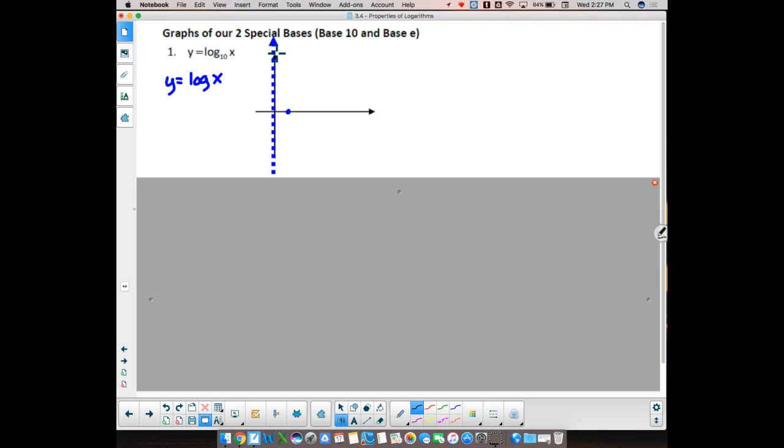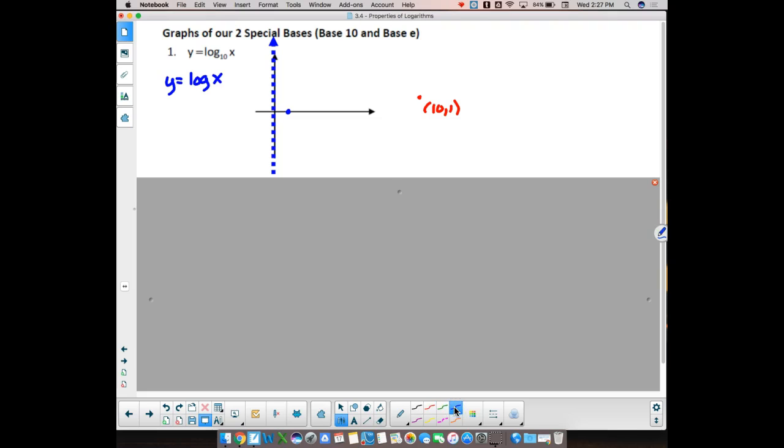It's also going to go through the point 10, 1. Because if I put 10 in for x here, log of 10, what exponent do I have to put on 10 to get 10? Well, that's 1.